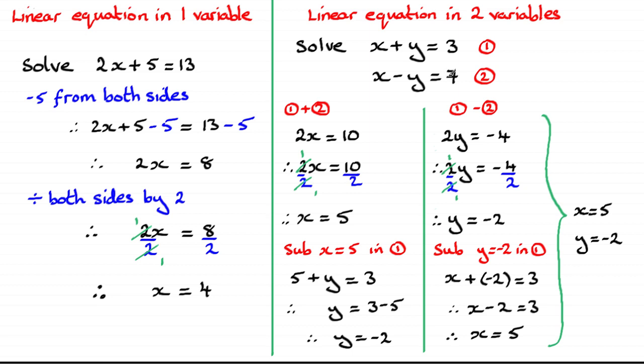Now, turning back to my other monitor here, I can see that a lot of you had a go at this, and the answer was x equals 5, as we know, and y equals minus 2. So it's great to see that some of you out there had a go at that, and well done.